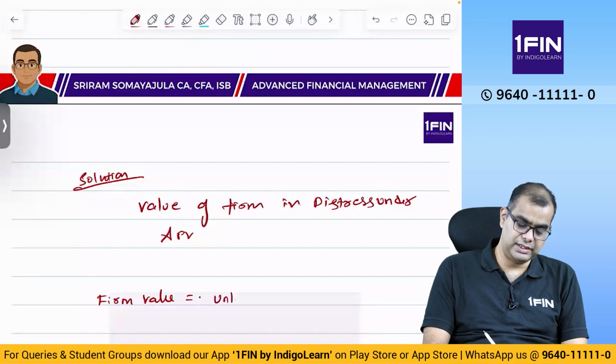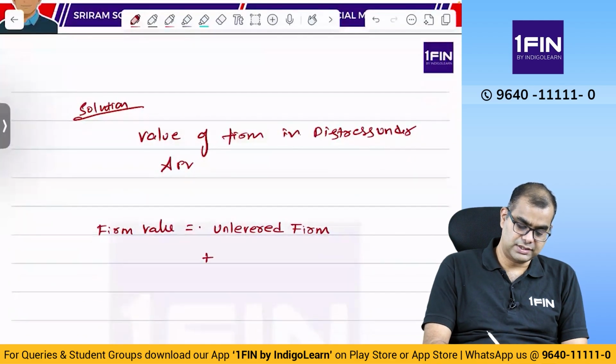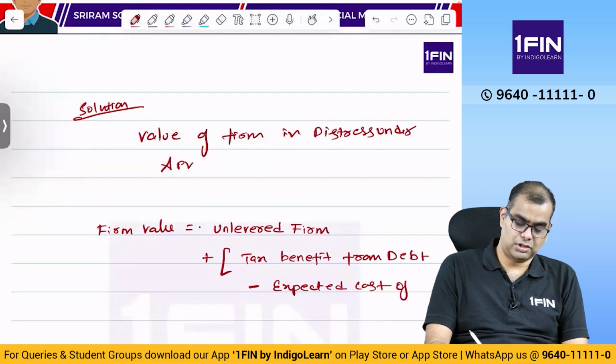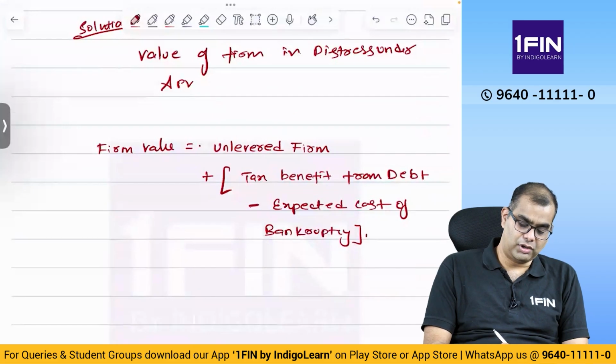Firm value is equal to unlevered firm value plus tax benefit from debt minus expected cost of bankruptcy. And what is the expected cost of bankruptcy?